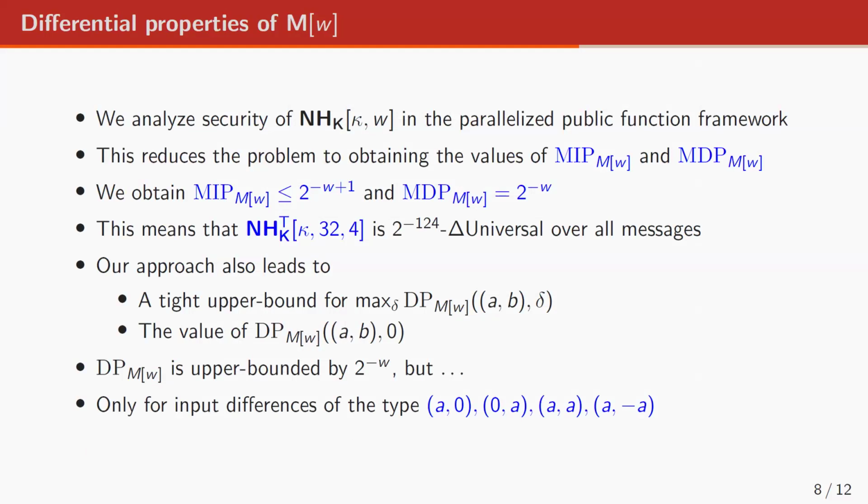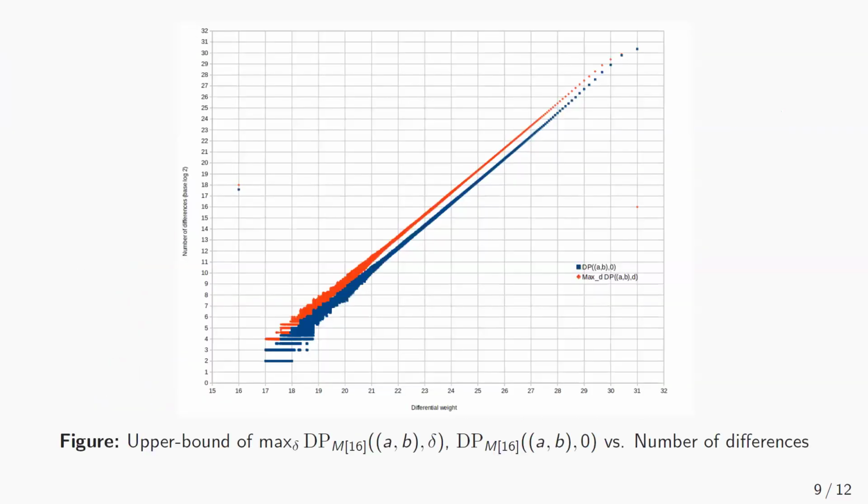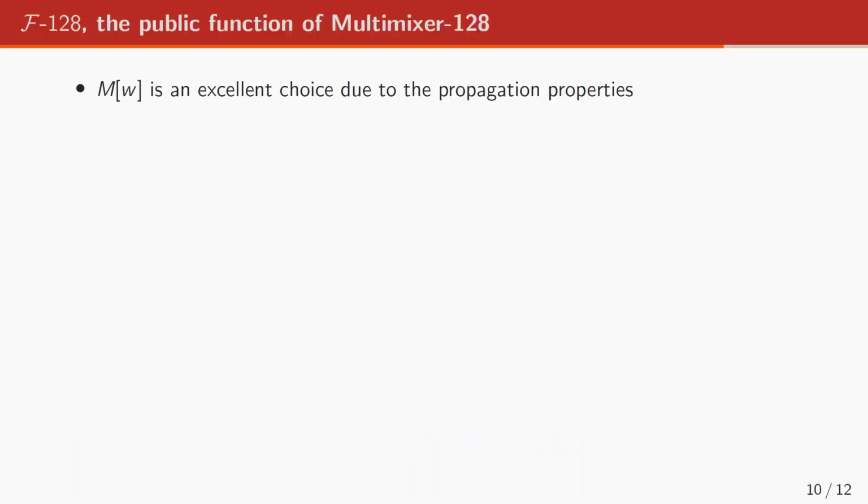These 4 points account for all the points here, but we can see that there are very few points here that have relatively low weight, which means high DP. But if we go to the right, we can see that most of the input differences lie here, where the weight is 31. So the differential probability is way smaller than here. This means that for most of the input differences, the DP value is actually much lower than the upper bound.